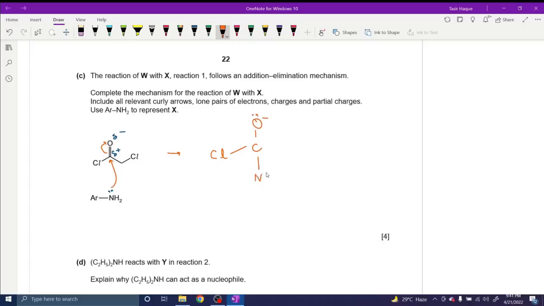Now we have our amine group attached. However, think about it. Since this amine is attacking the carbon, it's giving away one of its electrons to the carbon.